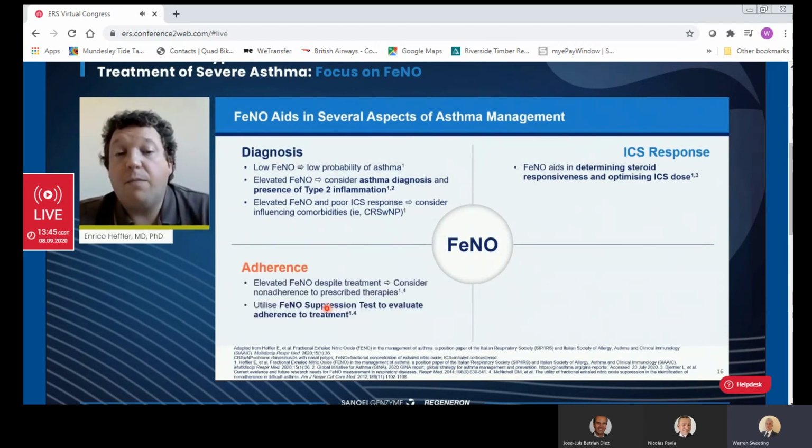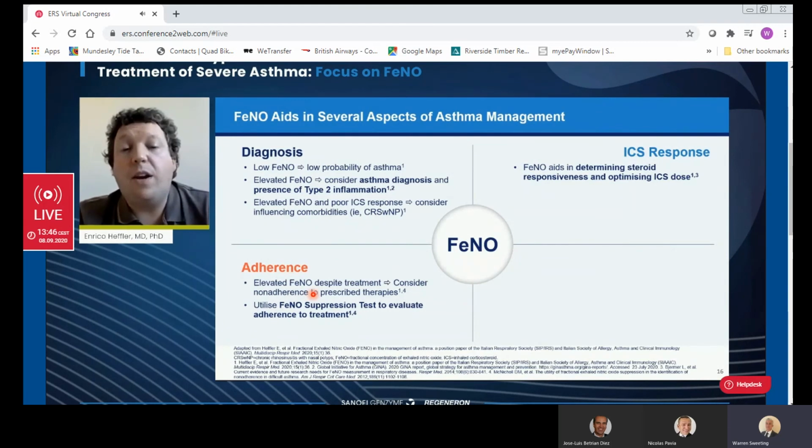The other important aspect is that when we have a patient with asthma on inhaled corticosteroid treatment, even at high levels of treatment, for example a patient who can be defined as having difficult-to-treat asthma because they are treated with very high levels of treatment but are not reaching good asthma control, we always have to consider the possibility that this patient is not properly adherent to the treatment or not able to use the prescribed inhalers properly.